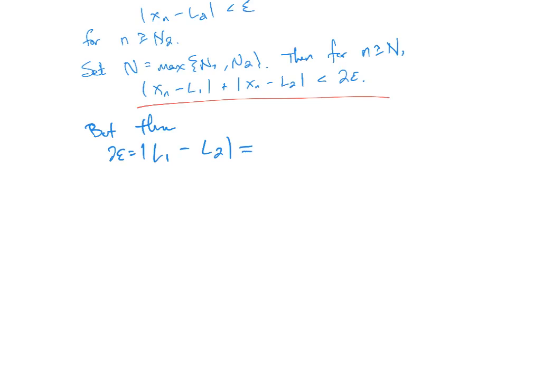I'm going to use the triangle inequality now. What I'm going to do is introduce an xn. In fact, 2 xn's. This is not the triangle inequality yet. This is just, I introduced some terms that cancel. But now less than or equal to. Now I use the triangle inequality.